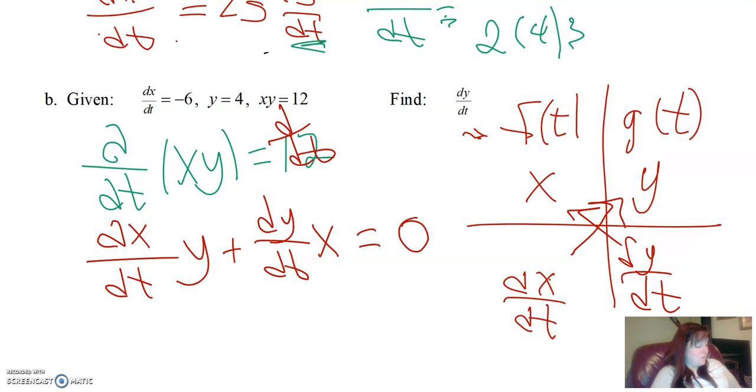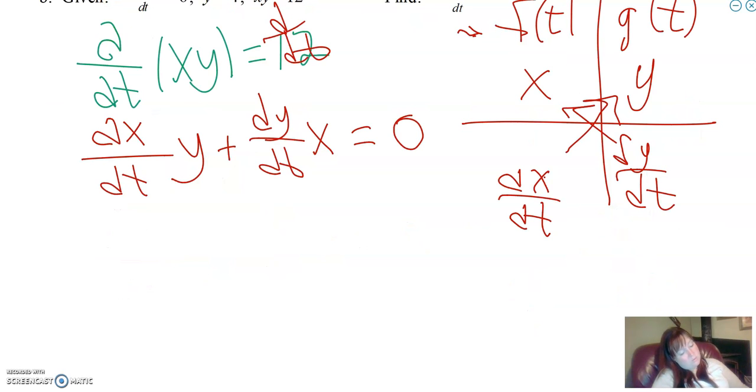And so then we want to find dy/dt. Let's plug in what we know and see if we can figure that out. We have four variables here, and we don't know any of them yet. But we were given some of this stuff.